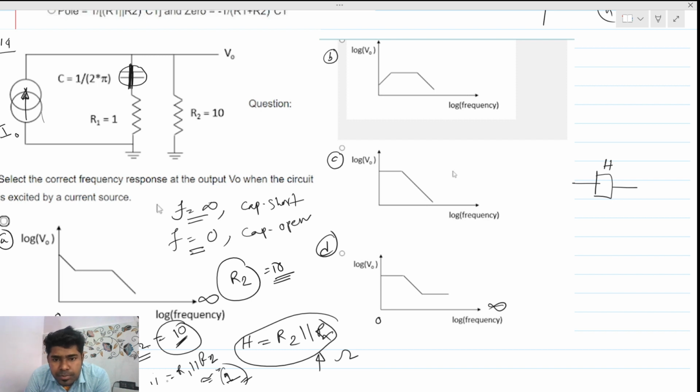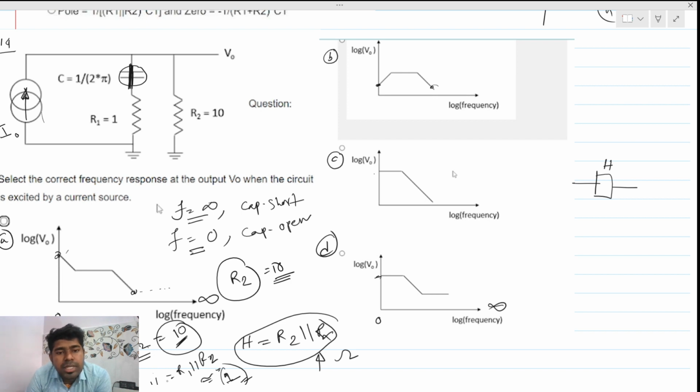We can see that option 4 has, at f equals 0, high output, and at f equals infinity, low output. In the other options, at f equals 0 the output is high, but it is not constant at f equals infinity. And here this is low and this is also low, so this cannot be the answer. Here this is high but this is low, but this is not constant.